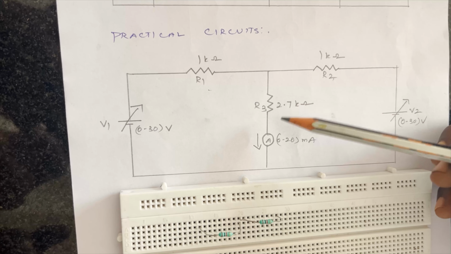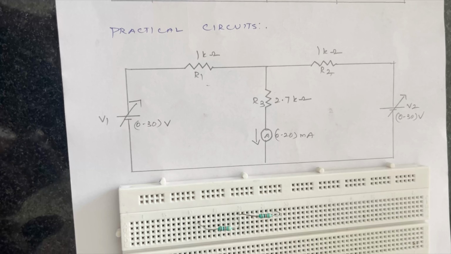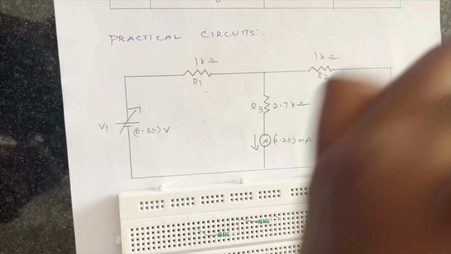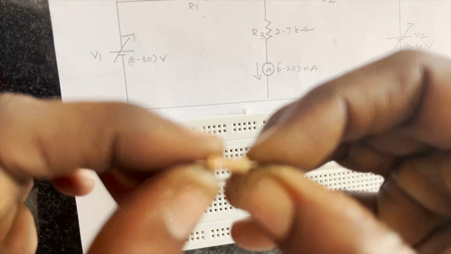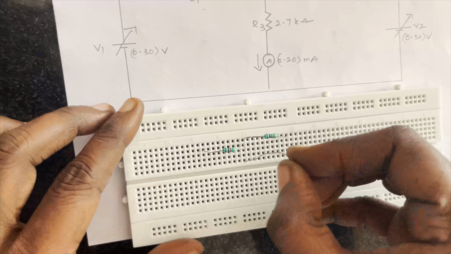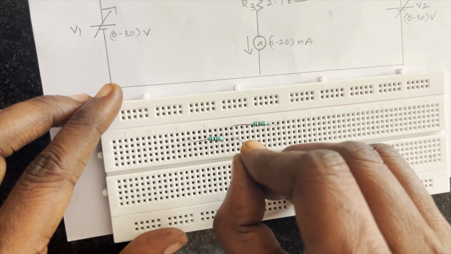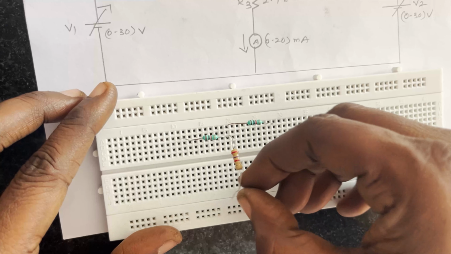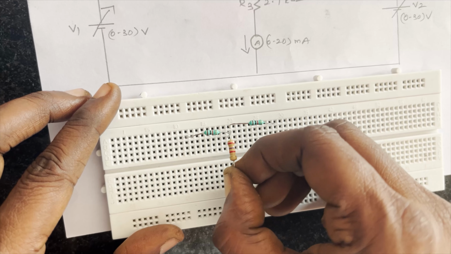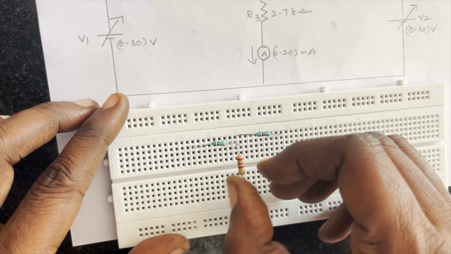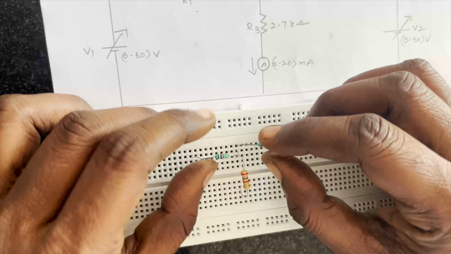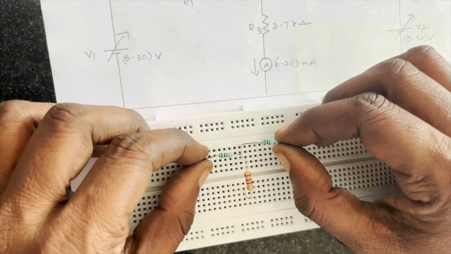So for R3 I have to put 2.7 kilo ohm: red, violet, then again red. So this is the intersection point. I have to place it here, 2.7. This is the resistor placing procedure.